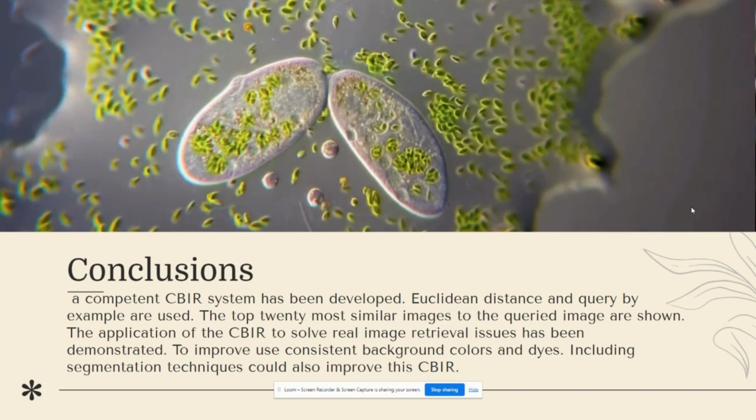To improve this project in the context of the microbiology application, I would suggest as a best practice to use consistent background colors and dyes. And as an improvement to the system in general, regardless of the application, I would suggest including the segmentation techniques, which were elaborated on in the Tyagi reference.